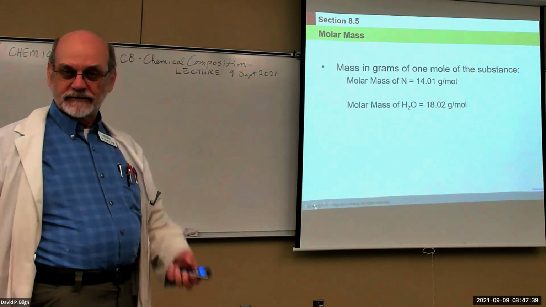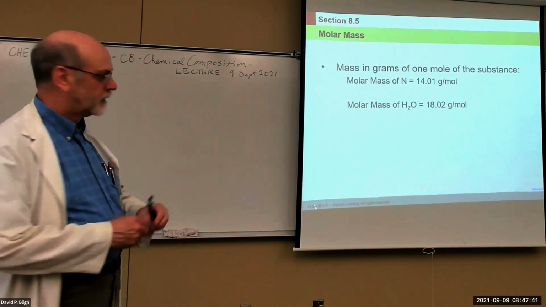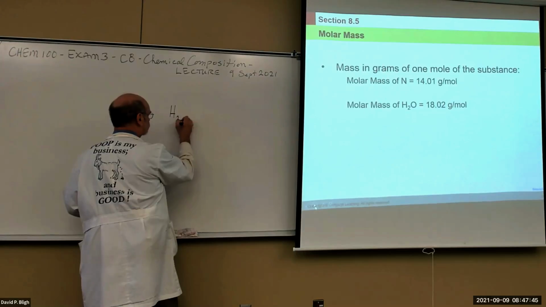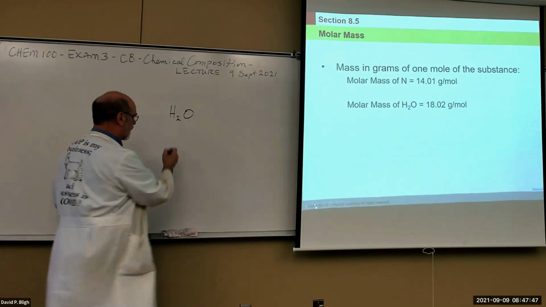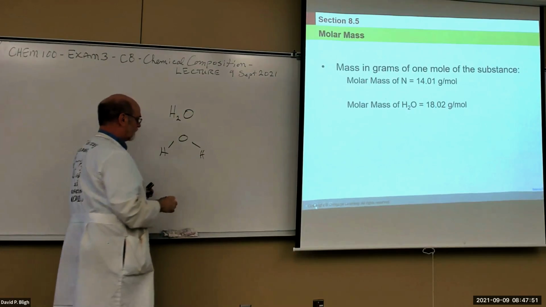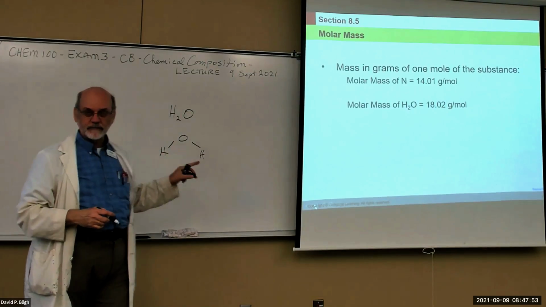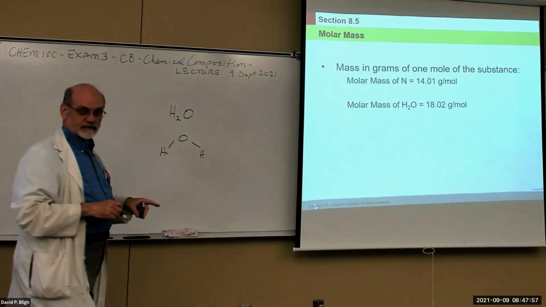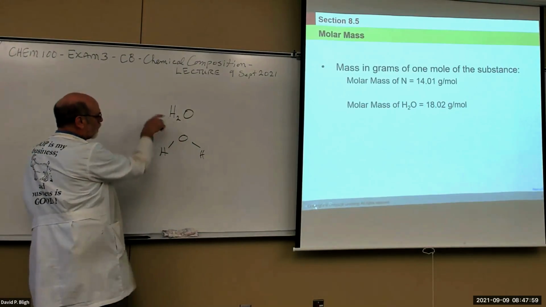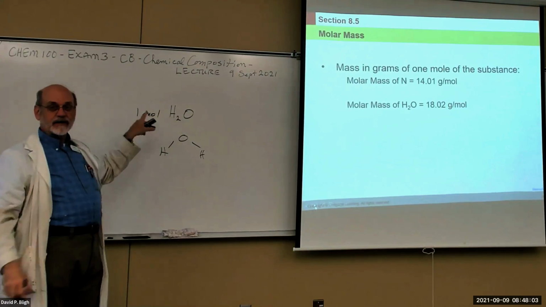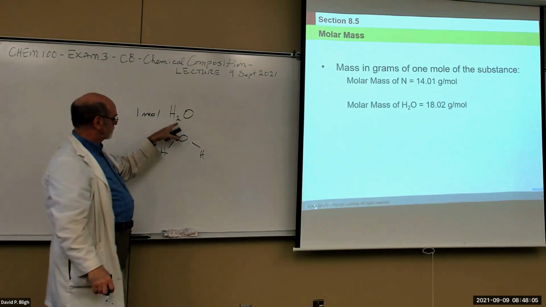How about water? Okay, water's a molecule. You can look at it like this. 2 hydrogens, 1 oxygen. So what's the molar mass of water? Well, if you have 1 mole of this, how many moles of oxygen do you have?